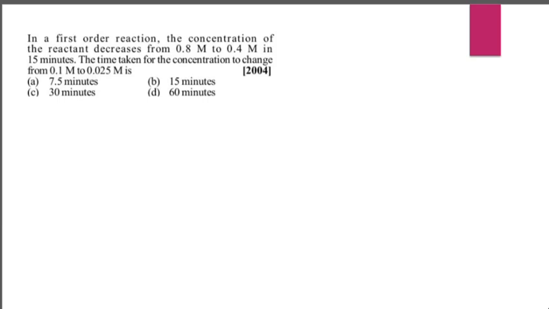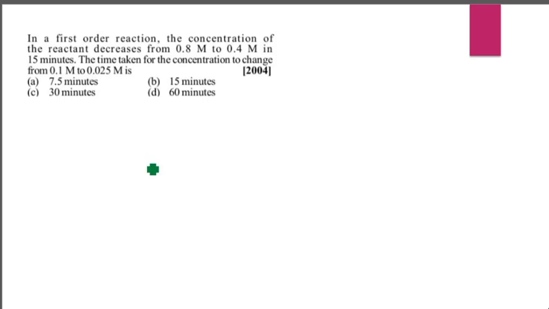He or she wants to check whether you know how to do it. They have given you the time and the concentrations, but they have not said anything about the rate constant. So you need to find out the rate constant. Now how will we find it out?